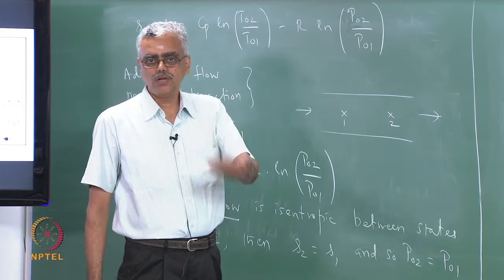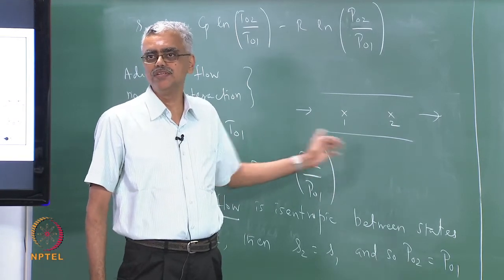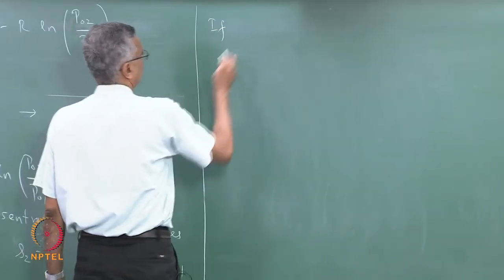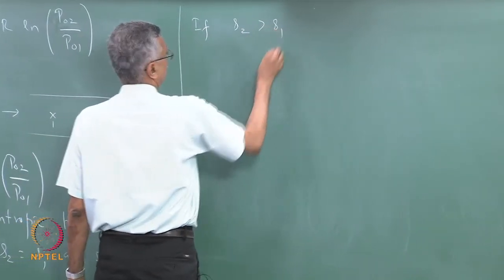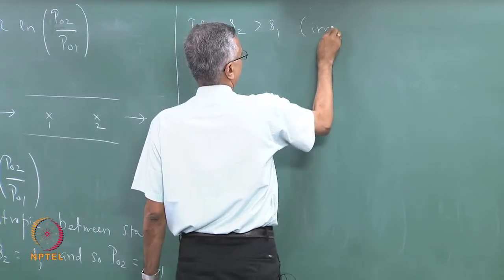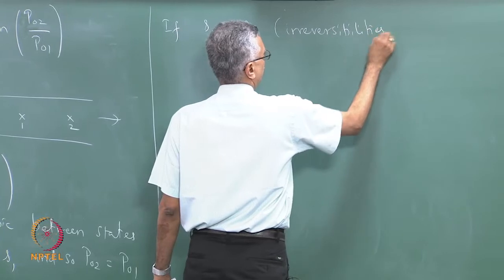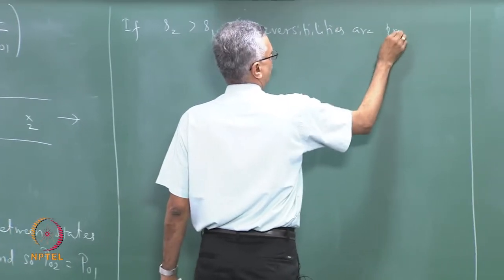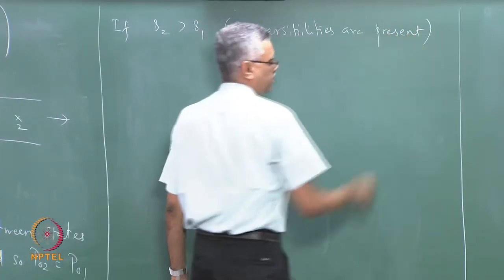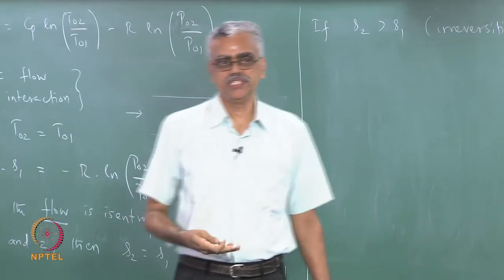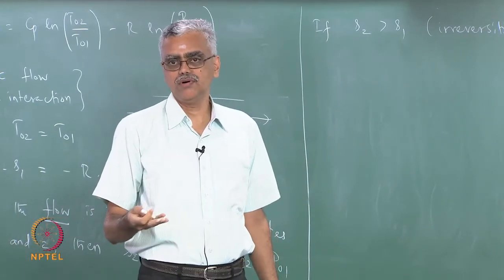Okay. What if there is an irreversibility between states 1 and 2? So meaning irreversibilities are present. Remember, we are saying that the flow is adiabatic, so the entropy change can only be positive or equal to 0.